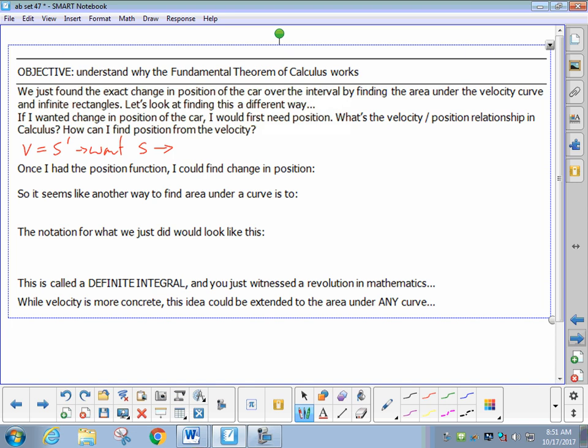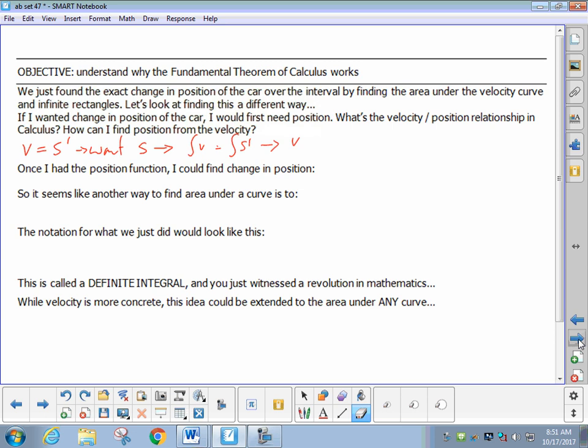An antiderivative. I could take the antiderivative of both sides and get the position, excuse me, not the velocity. So let's take the antiderivative of velocity. We've been doing that. What's the antiderivative of t squared?